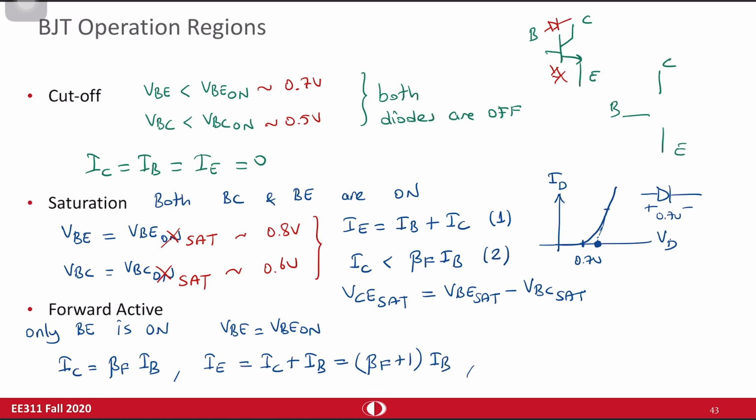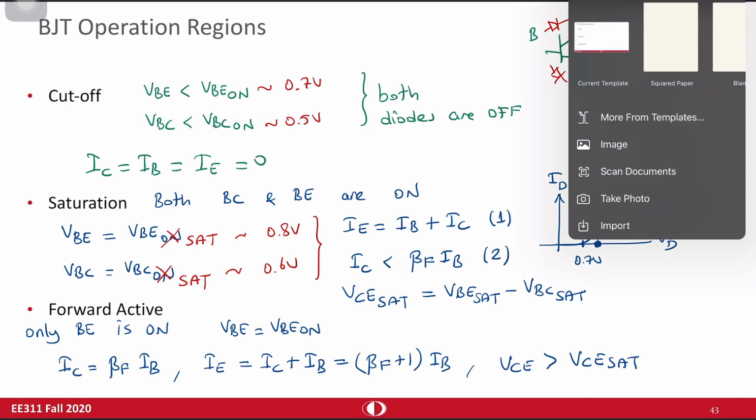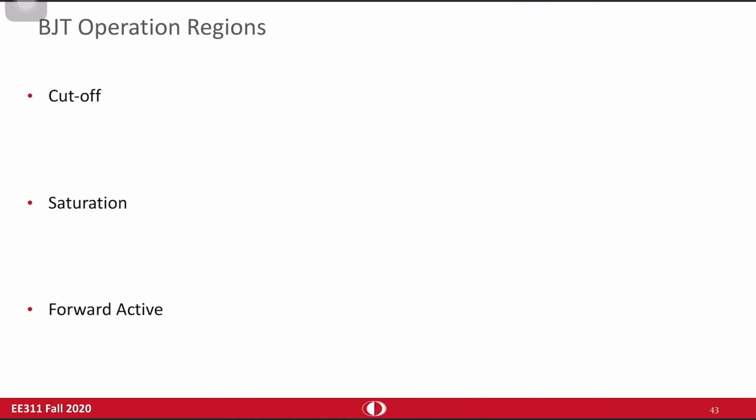And what can you say about the collector-emitter voltage VCE? Of course, VCE is larger than VCE SAT. These are some expressions in here, but at the end of the day, this is the most important region for us.